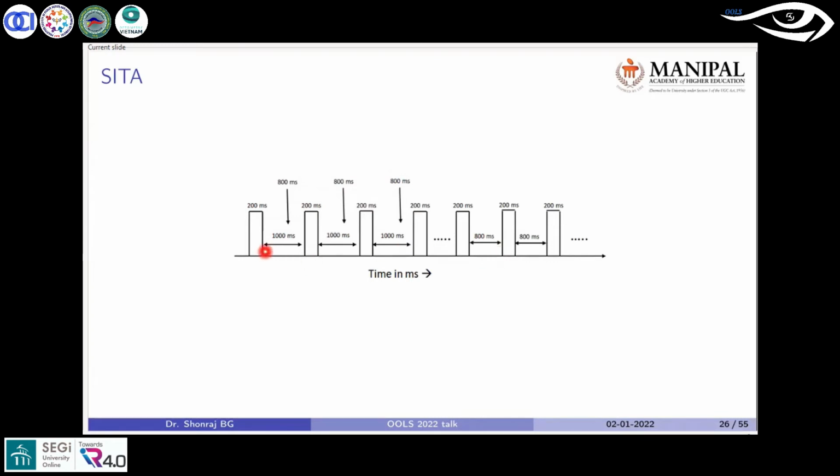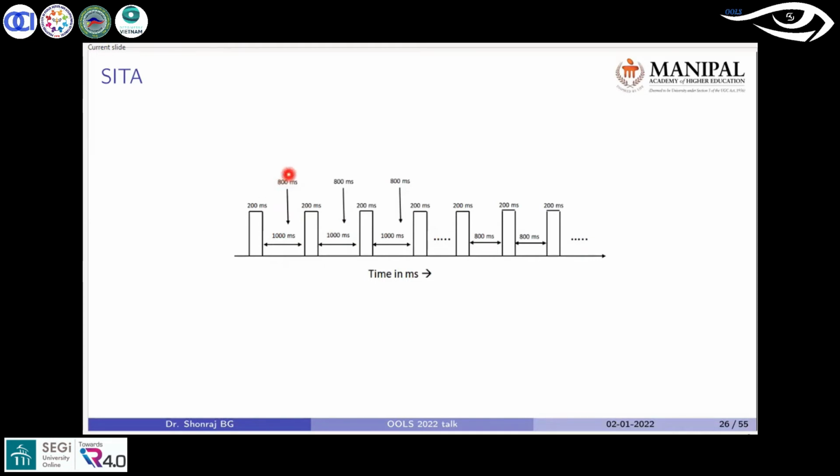So what I do is, instead of waiting for 1000 milliseconds for the next stimulus presentation, let me shorten this window to 800 milliseconds. So it looks at the point at which you are responding to the stimulus, and based upon your reaction times, the interstimulus duration is narrowed.